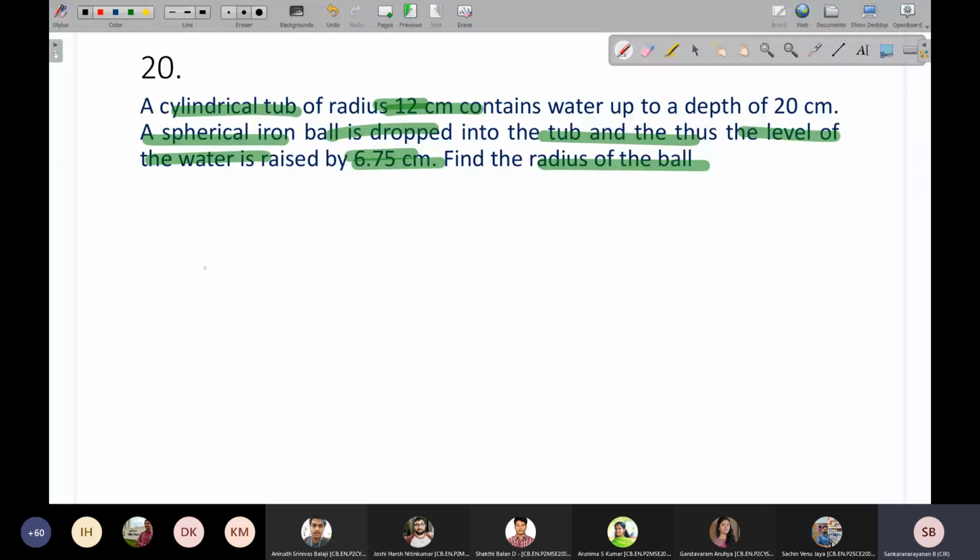So you can see that the increase in the volume of the water is nothing but the volume of this spherical ball. The volume of the spherical ball is 4 by 3 pi r cube, assuming r to be the radius of the ball. You are dropping it into this cylindrical tub.